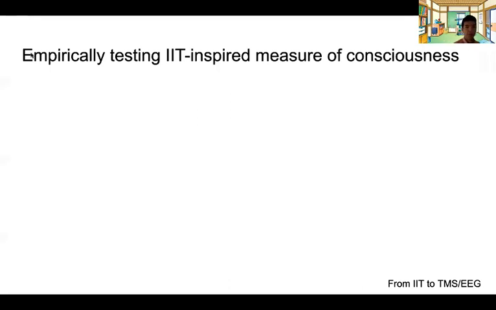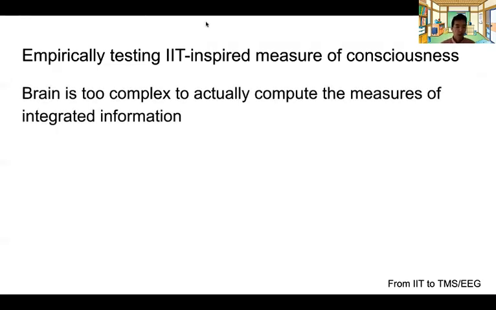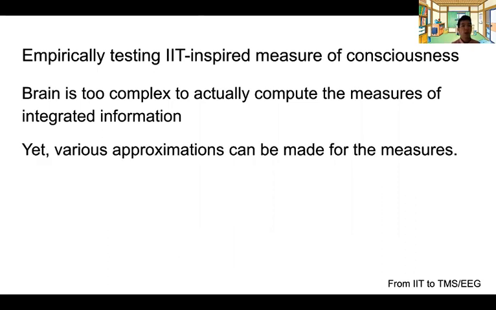Okay, so how can we empirically test IIT-inspired measures of consciousness? As I said in the last video, our brain is too complex and gigantic to actually compute the measure of integrated information. However, with clever thinking and tricks, various approximations can be made.